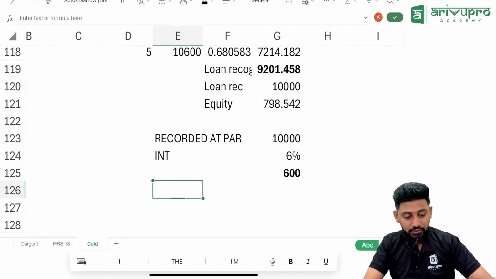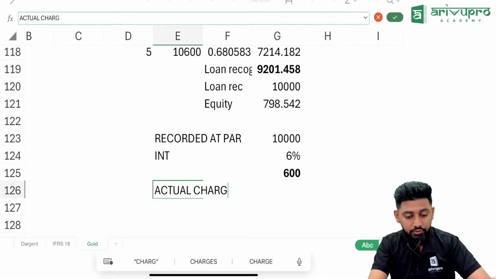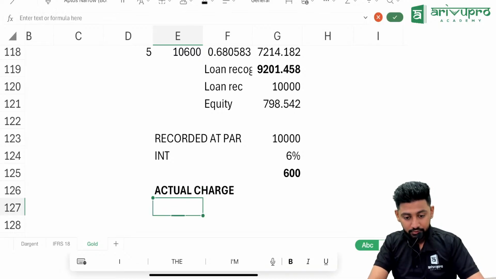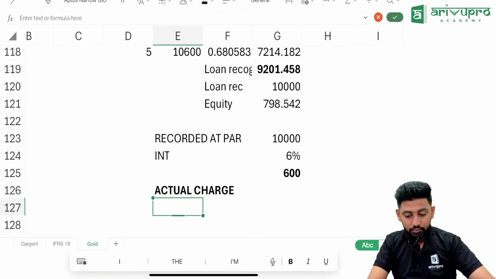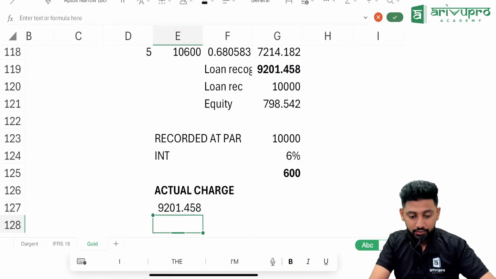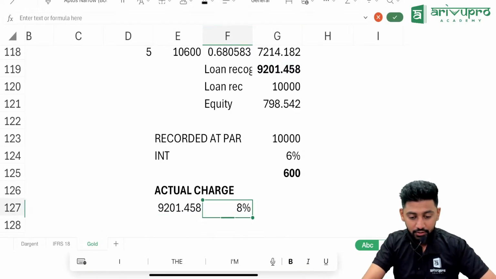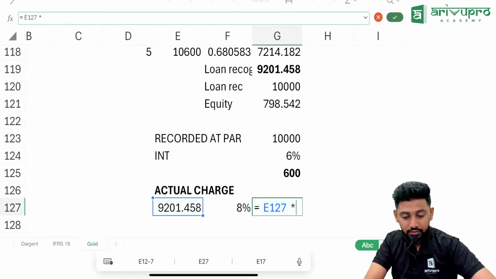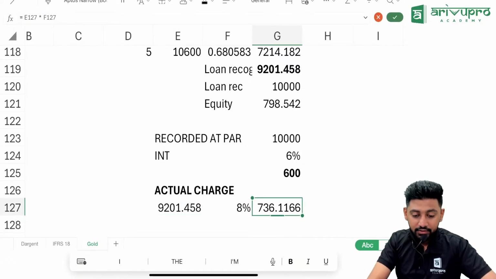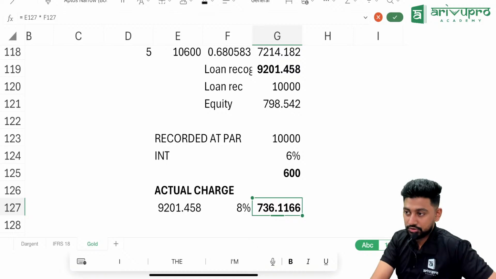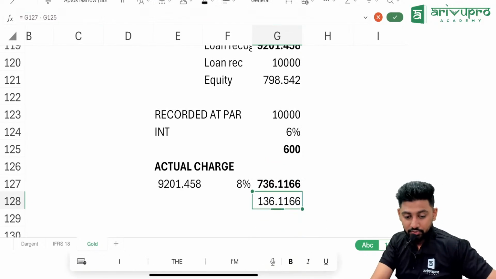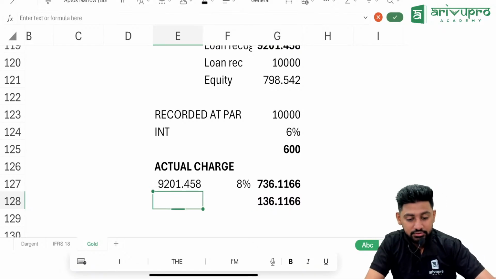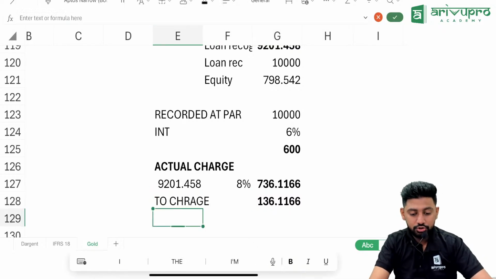But the actual charge should be what? Your loan is 9,201 into 8%. Your actual charge should be this into this. Meaning 136 you have undercharged. Therefore equals this minus this. You have to provide another 136,000 to charge.